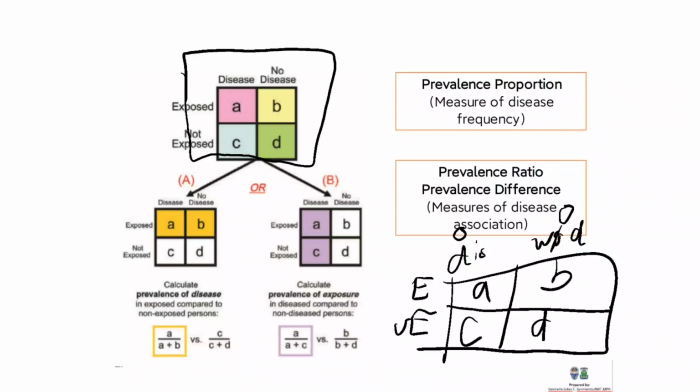The next one is calculate the prevalence of the disease in exposed compared to non-exposed persons. So, again, calculate lang natin yan. So, how do we calculate the prevalence of disease?